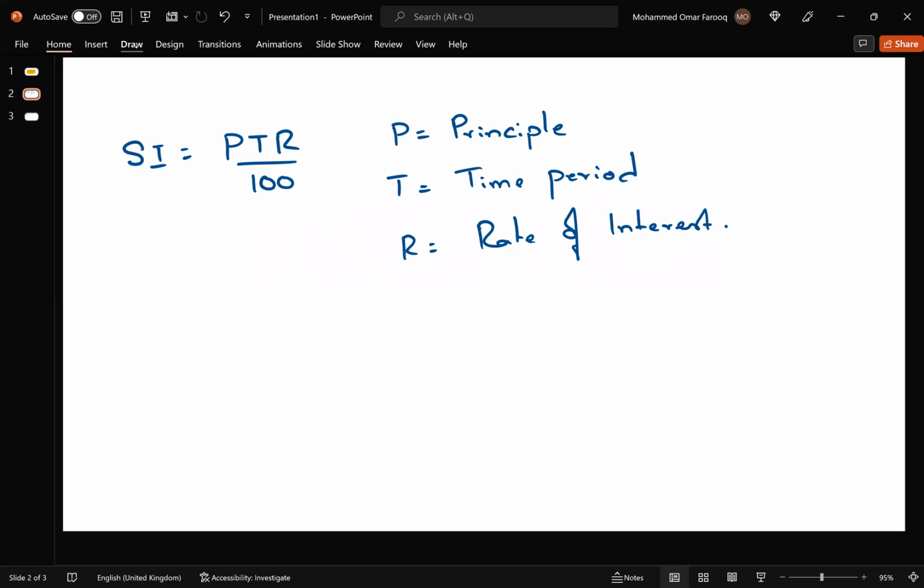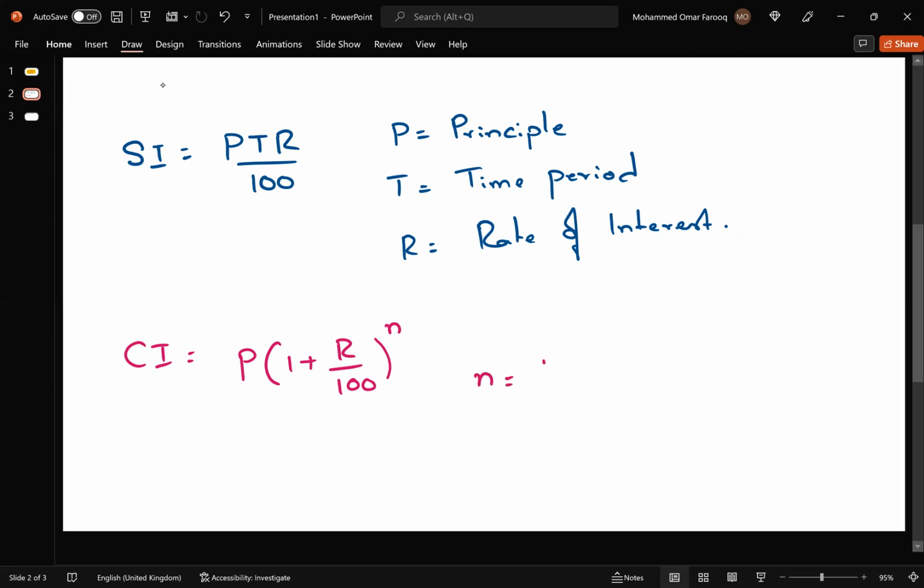Now in the same way, we have compound interest. We have the formula P times (1 plus R by 100) whole to the power of N. Here, N is nothing but time period.